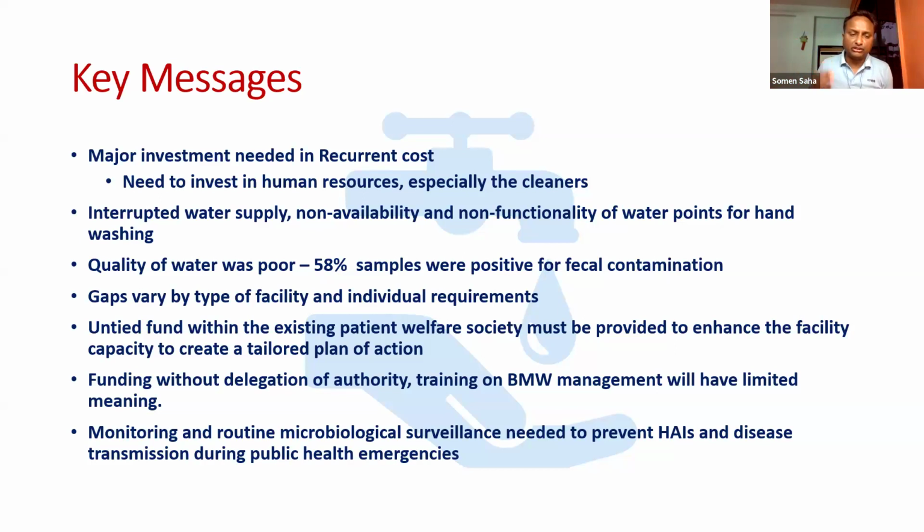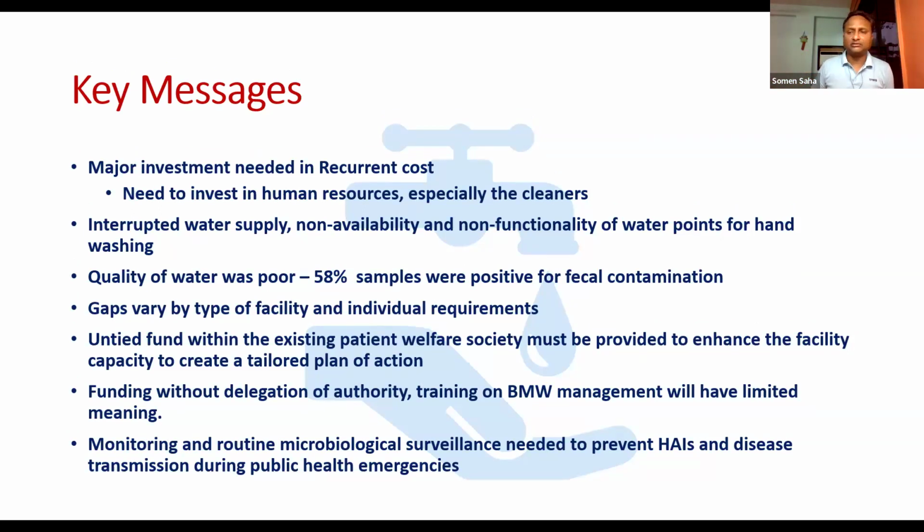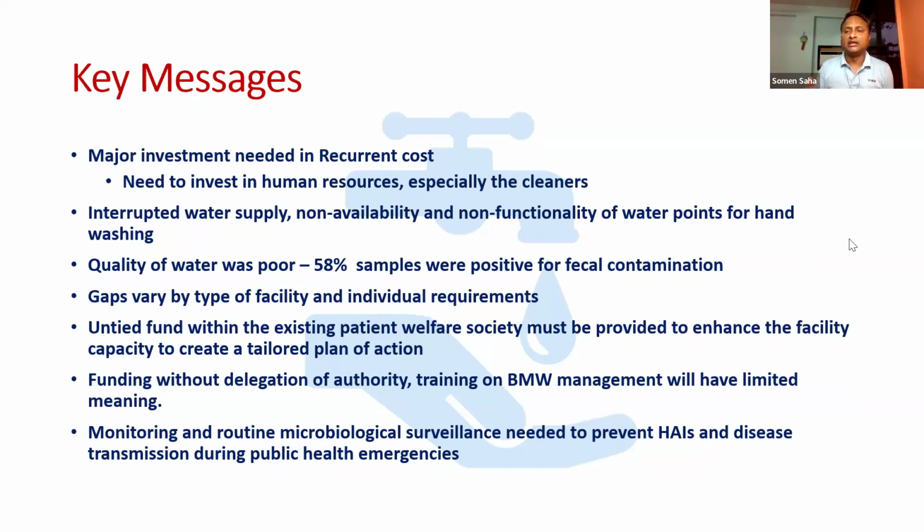There is also a need for creating routine monitoring and microbiological surveillance to prevent hospital-acquired infection and disease transmission, particularly during public health emergencies. And remember, this exercise was done just before the COVID first wave came to India. So many of the lessons generated from this work were later also used for addressing the COVID pandemic in its first phase in the state of Assam. And in the last slide.